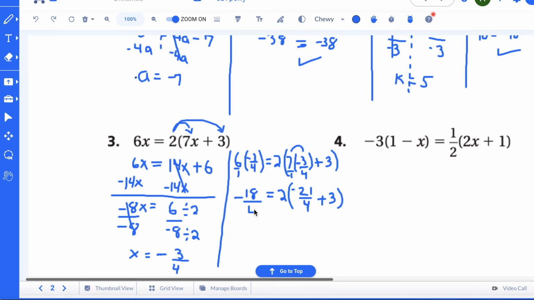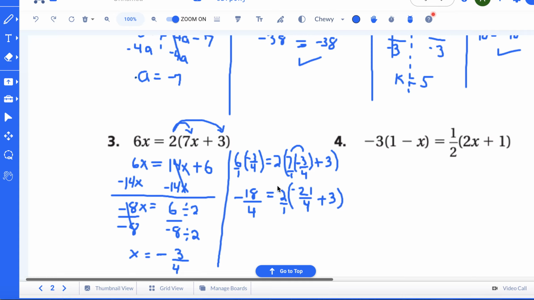And I'm not going to simplify yet. I'm not going to simplify until I get to the answer. All right, so remember what I told you, that this number outside multiplies everything inside. You can do that first, or you can just add inside, and then whatever you get, multiply by 2. Either way, you're going to get the same answer. I am going to multiply first because I want to see if I can get rid of that fraction. So when I multiply, I'm going to do the same thing.